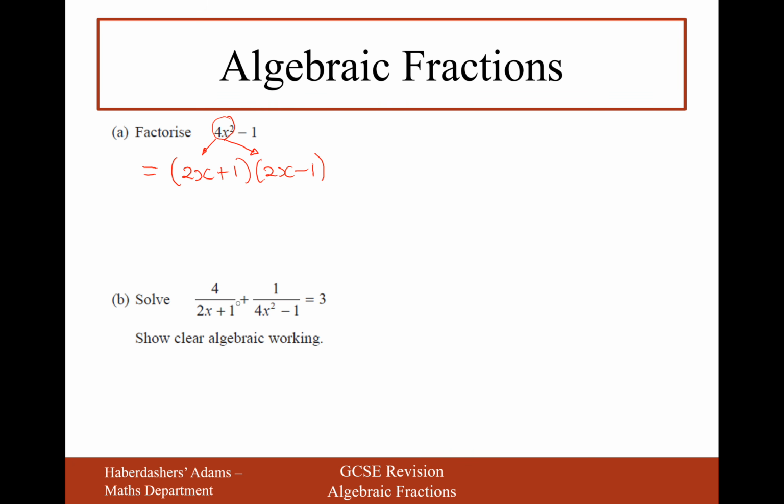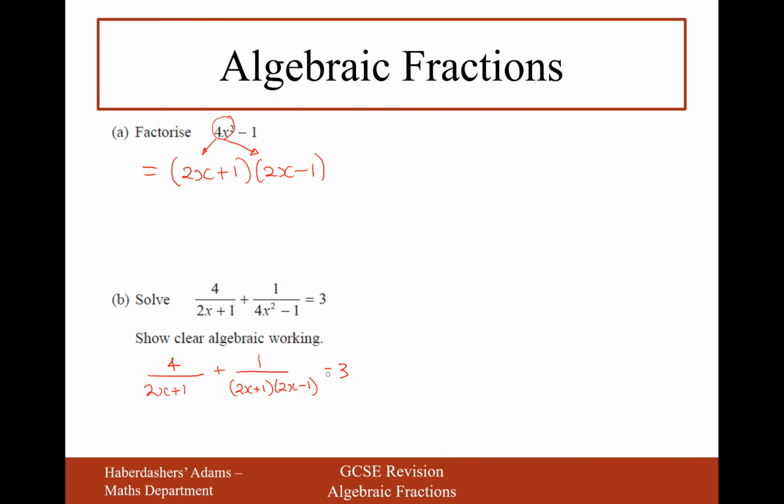Okay, so how is that helpful for part B? Well, what I could do on the denominator of the second fraction is I could rewrite it as 1 over (2x plus 1)(2x minus 1).